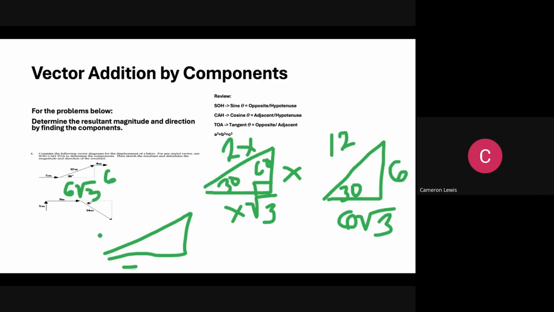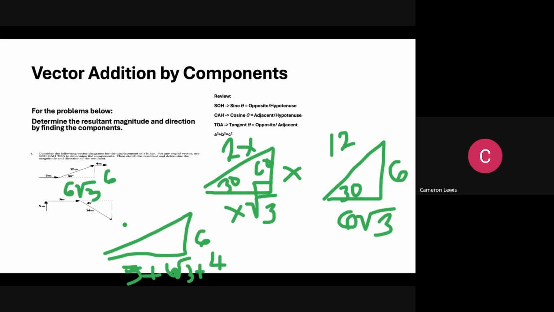We got 5 plus 6 root 3 plus 4 on the bottom, right? And in the top part, we have 6 because we added by the components. So that's our triangle, right? So we just got to add all these together.